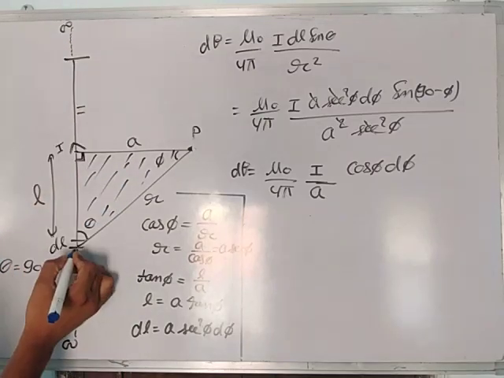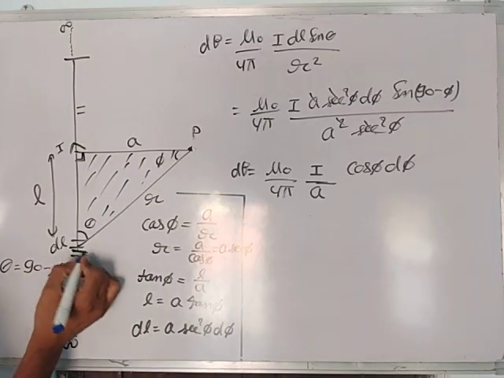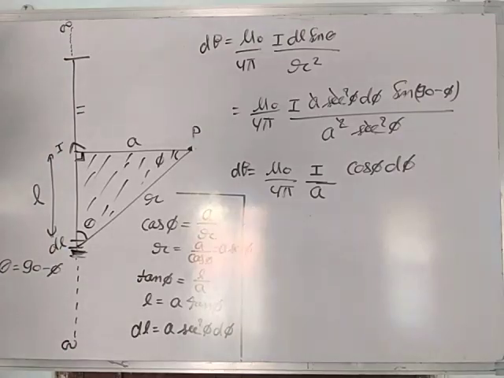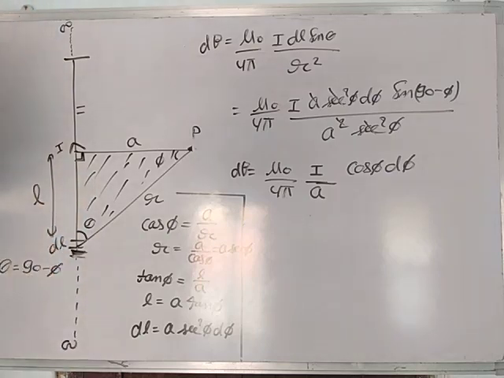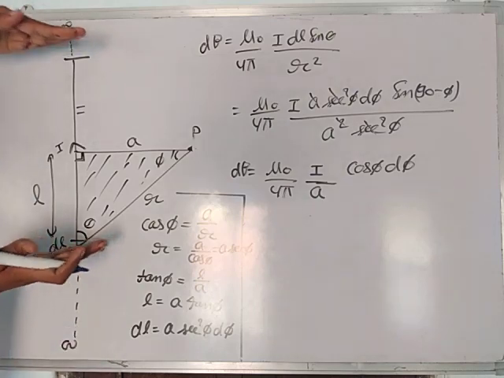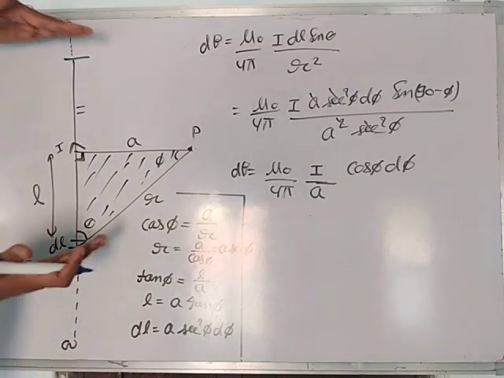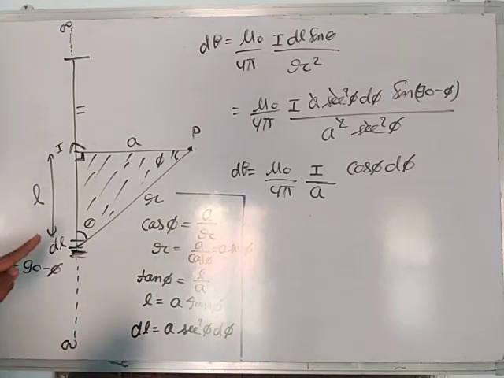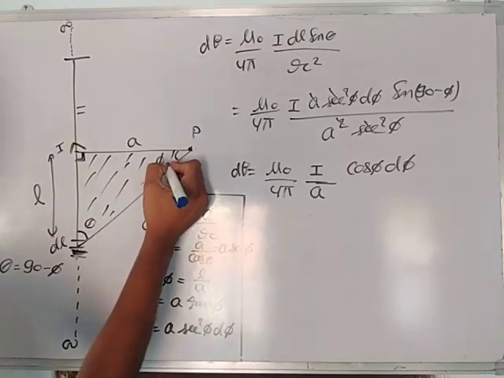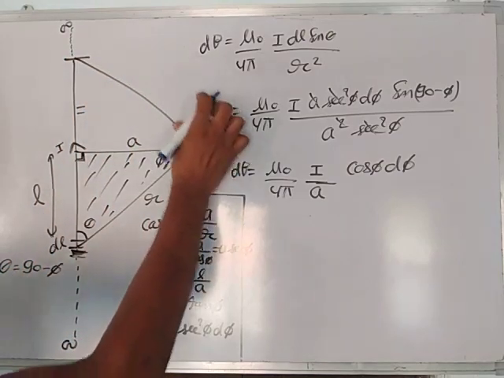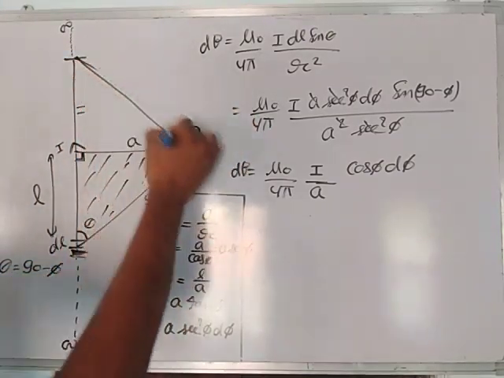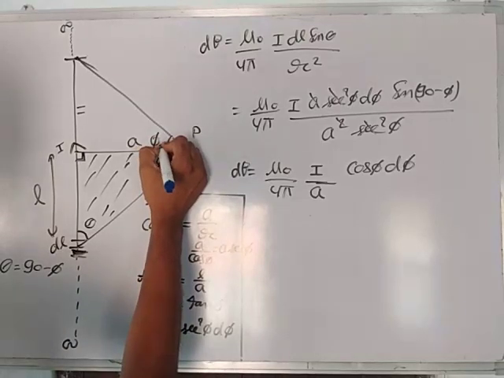We are not taking the complete length, because at the starting we considered that this conductor is of infinite length, but at present we are going to consider a small length, and suppose this length is subtending an angle phi 1 here, and from the up direction the subtended angle is phi 2.